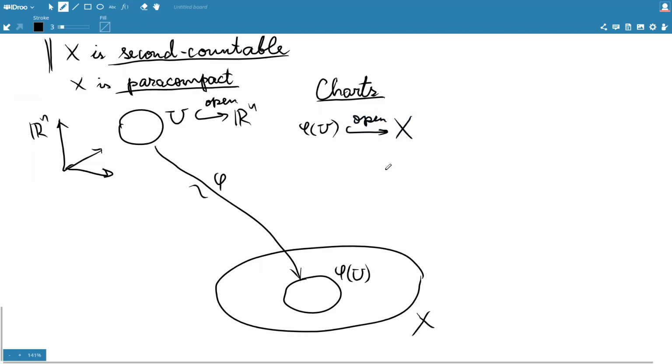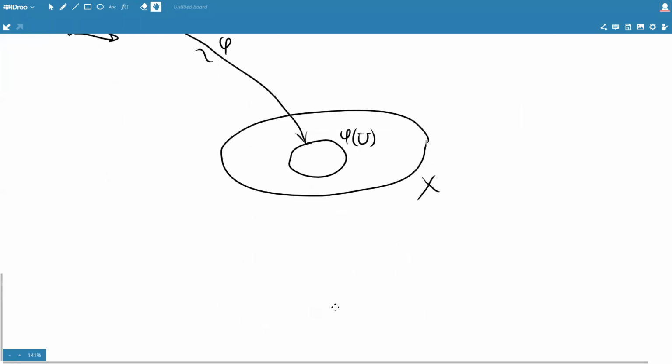And we call this pair U and phi the chart, or local chart. Two charts, let me take two charts from now on.